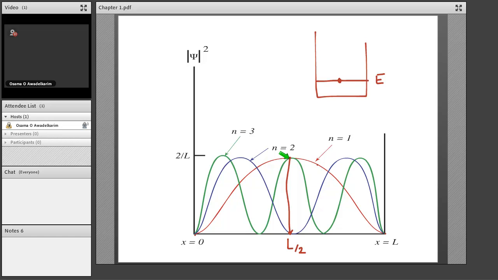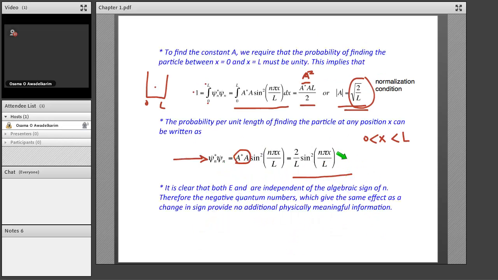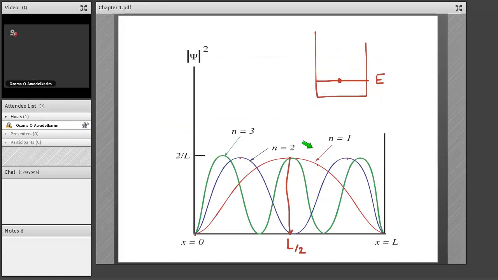For n equals 2, we have this blue curve. If we plot this function for n equals 2, the probability of finding the particle is highest at these 2 points. What are these 2 points? This is L over 4, and this is 3L over 4. And this point here is 0.